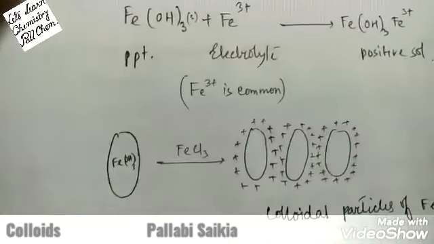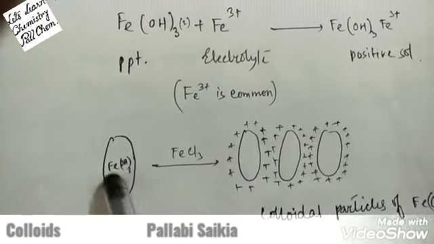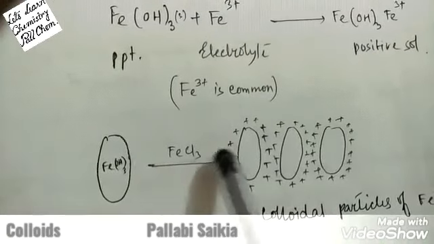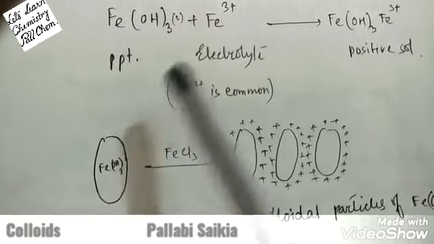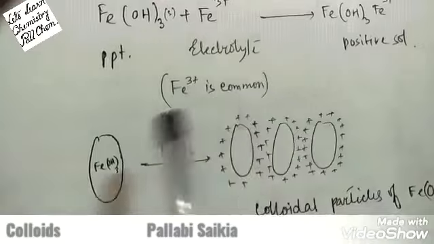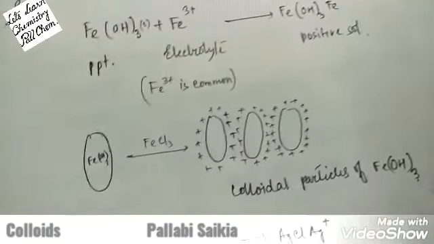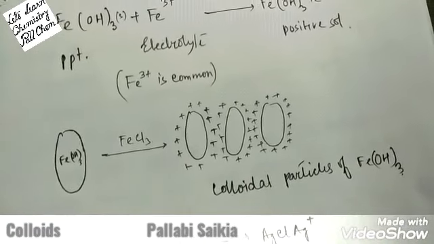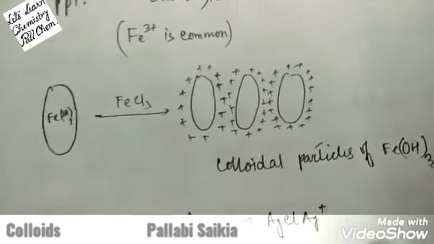How is it obtained? On addition of Fe3+ from outside to Fe(OH)3, since Fe3+ is common in Fe(OH)3 and FeCl3, the positive ions will repel each other. So the positive particles of Fe(OH)3 repel each other, and hence they will not be able to come close to each other.